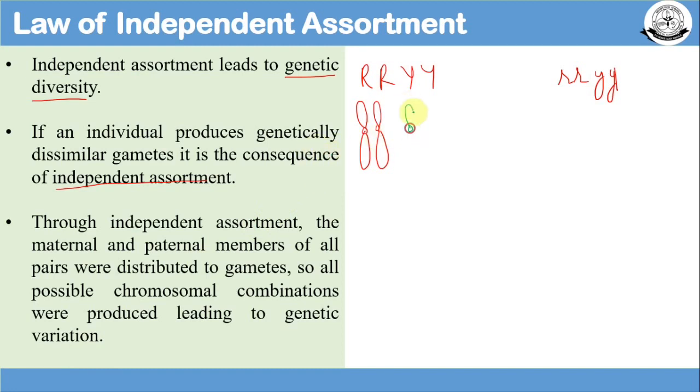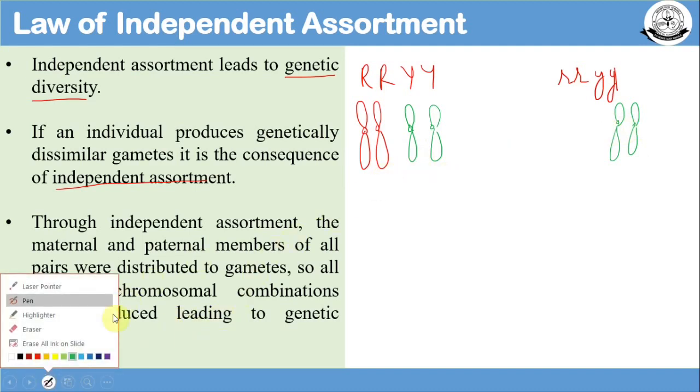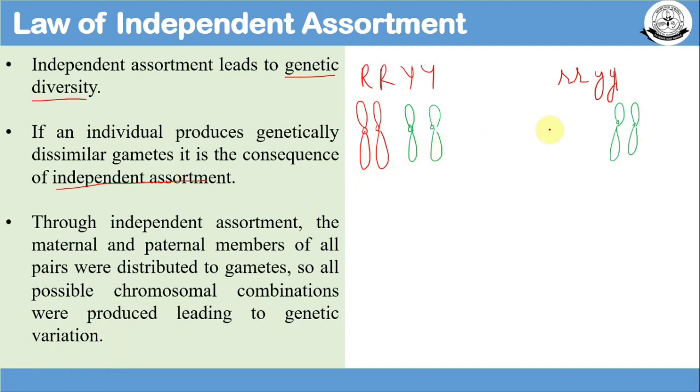Let's take an example from a homologous chromosome. Here is capital R and capital R, and here is small r and small r.